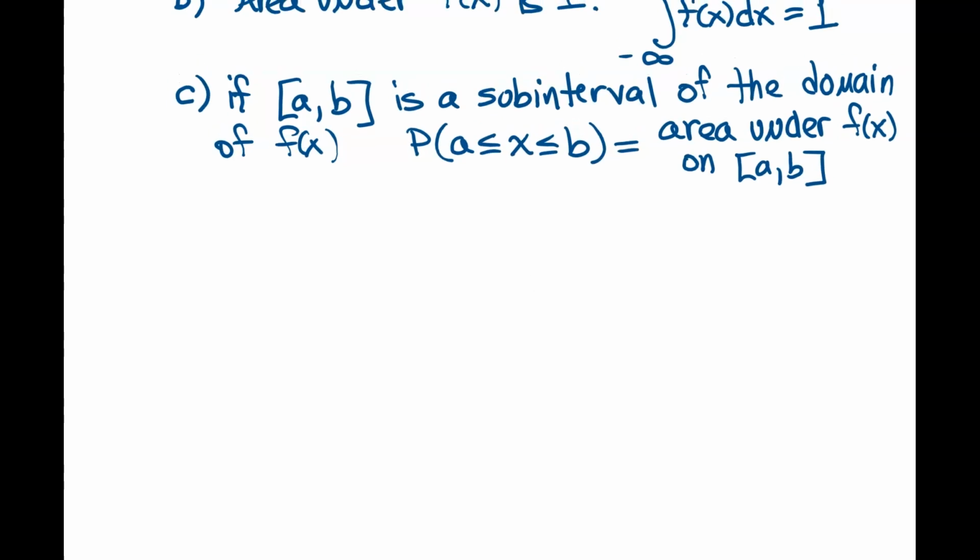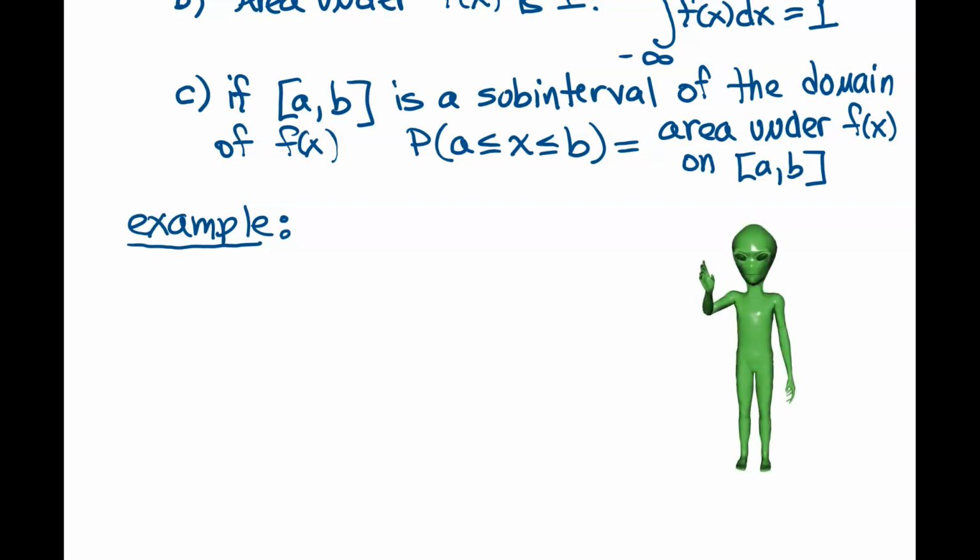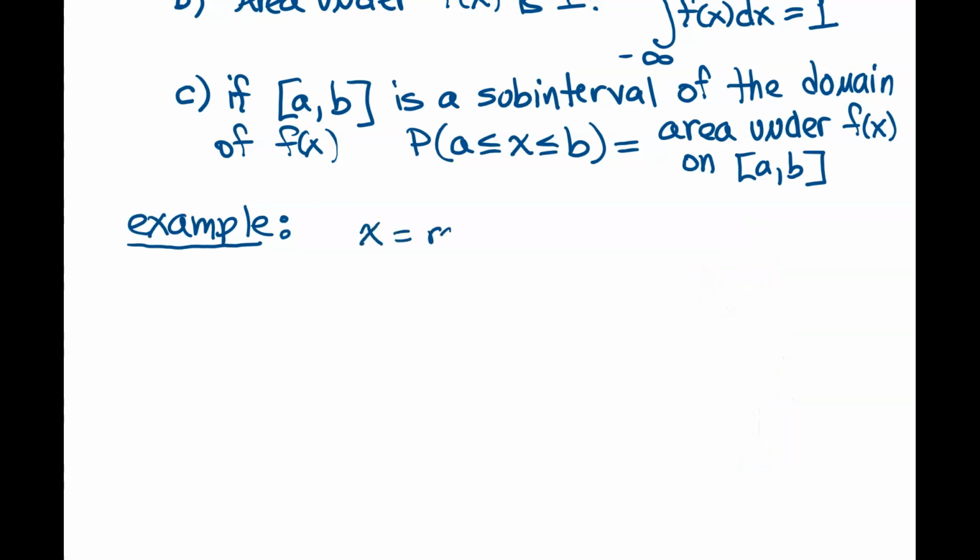Let's take a look at a potential example to give you more things to think about. Let's say that we are on an alien planet, and the aliens have all different heights. Let x be a random variable, and this x is going to represent the height of a random alien.